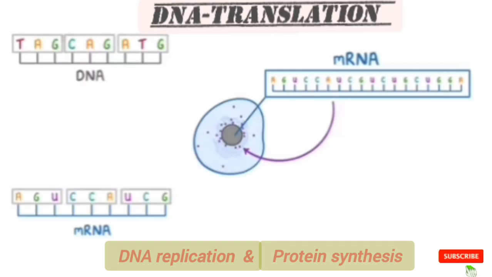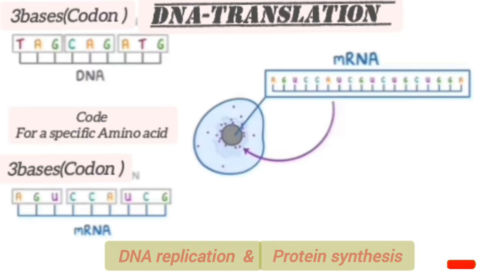Note, whether it's DNA or messenger RNA, each group of three bases codes for a specific amino acid. To make protein, our cells use 20 amino acids, and each of them has three basic codons.